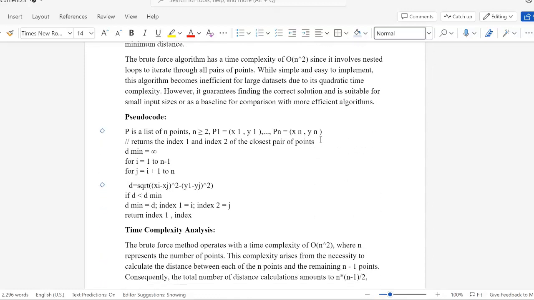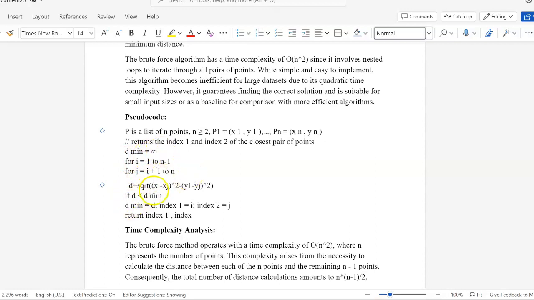Here, if we consider the pseudocode, this is the pseudocode that was explained in the class. If P is a list of points, then we will have two loops. One loop runs from i to n minus 1 and the other loop runs from i plus 1 to n. Here we are calculating the distance between one point and the other points. We assume d minimum as infinity.